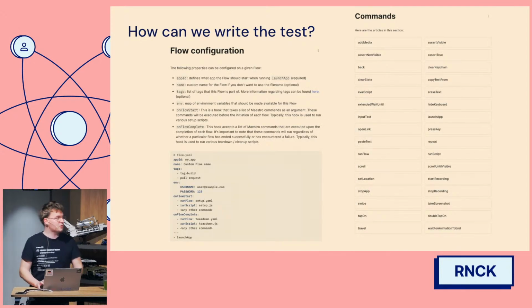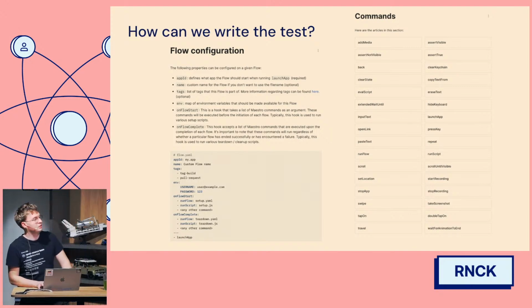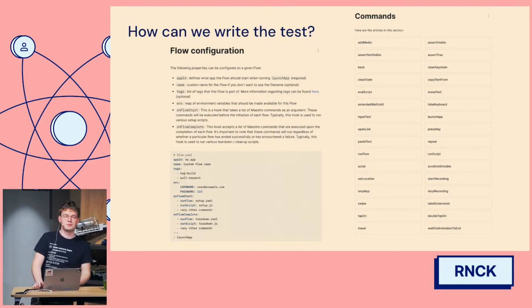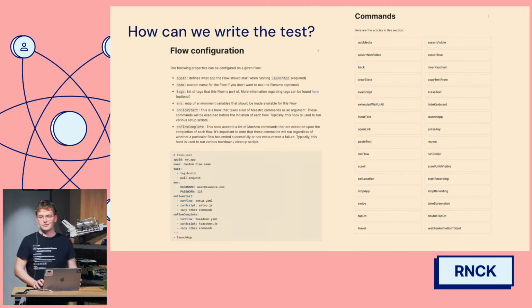There are also more options to choose from, and we can define our environment variables, or also the tags. Tags are like, I would say, an exclusive label for our flow, where we can run our flow and also other subflows matching that tag in a runner. Maestro also offers a whole variety of commands, but we won't focus on them today.